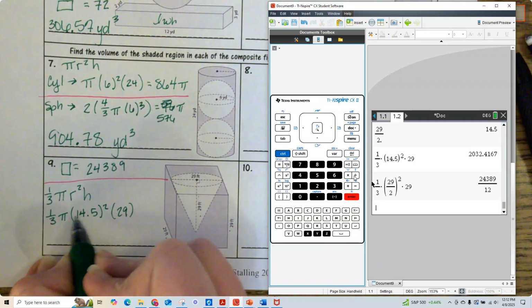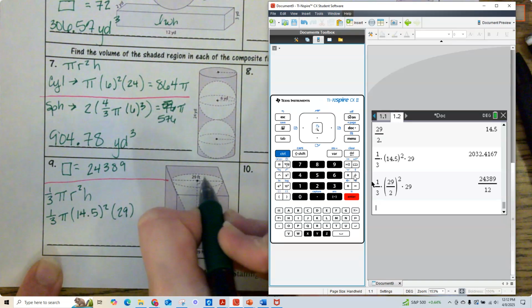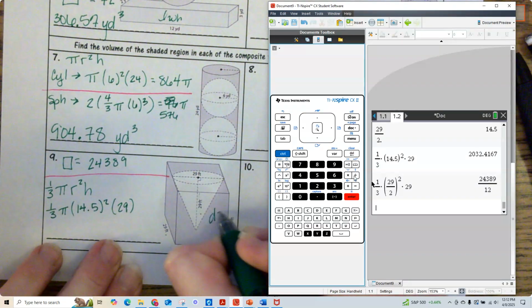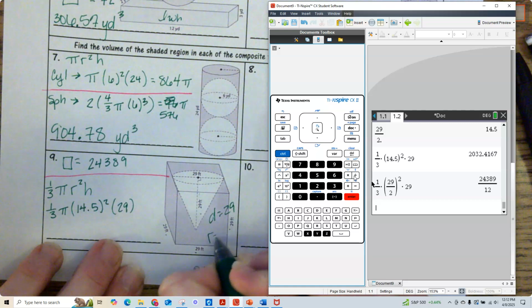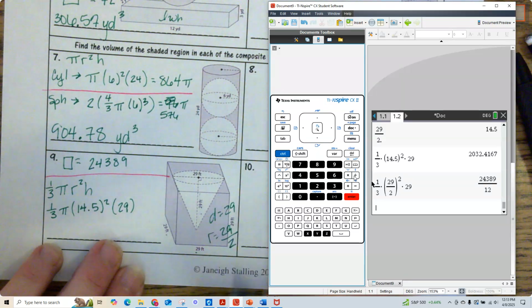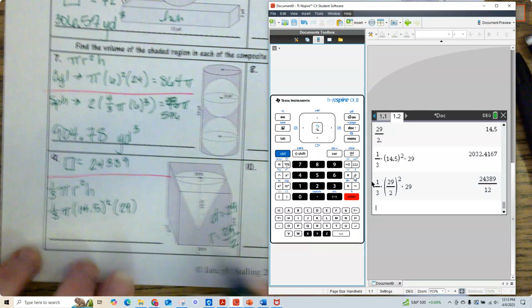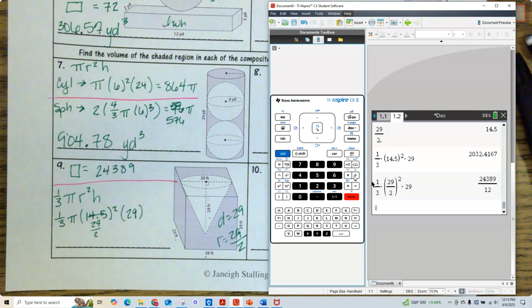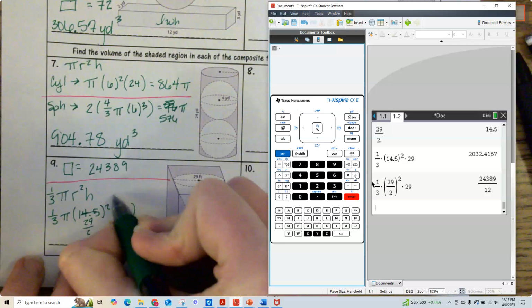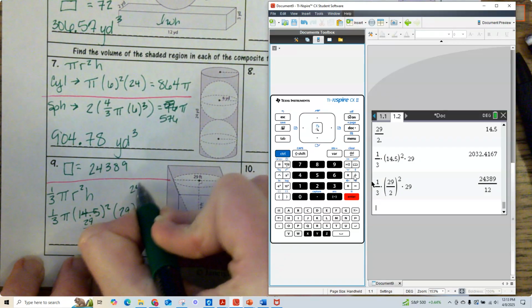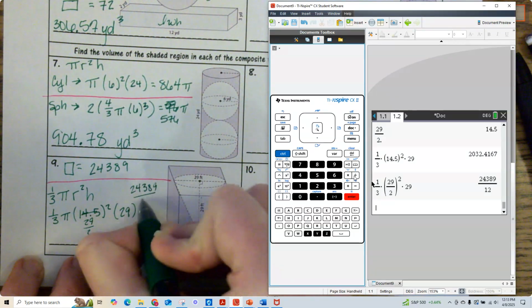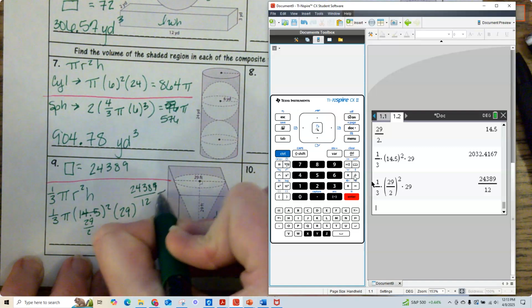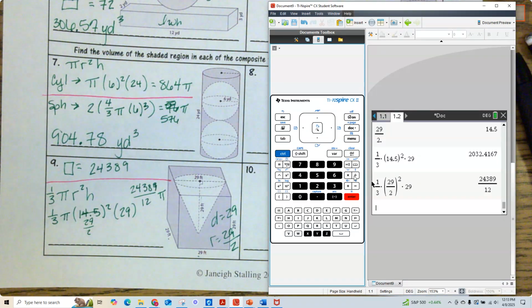So what I did, instead of using the 14.5, the diameter is 29, which means the radius is 29 divided by 2. I just left it in fraction form and I put 29 over 2 in there. It's still gross. 24,389 over 12. And then there's still a pi attached to the end of it.